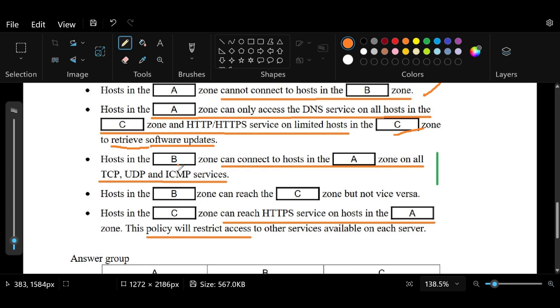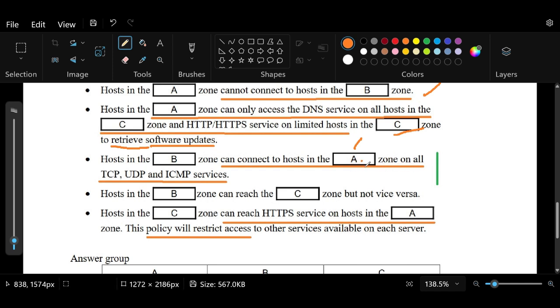Hosts in the B zone, which we've put as the private zone, can connect to hosts in the blank zone on all TCP, UDP, and ICMP services. And when we think about A zone as a DMZ zone, then the private zone should be able to connect to the DMZ zone pretty well.